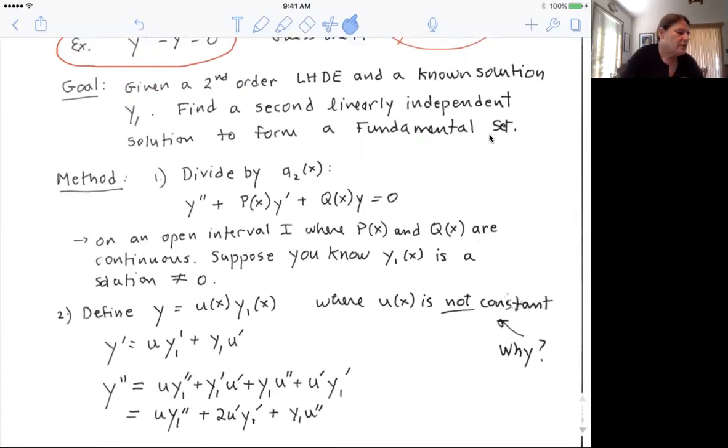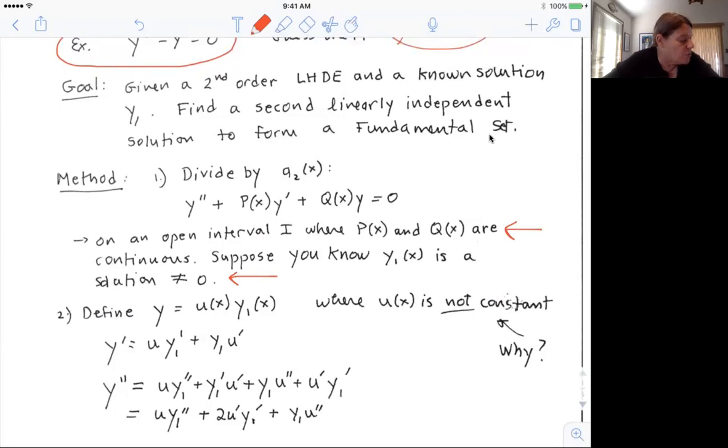So we're going to divide on an open interval I where P of x and Q of x are continuous. All right. And suppose you know y1 of x is a solution, not 0. We're looking for that second solution.